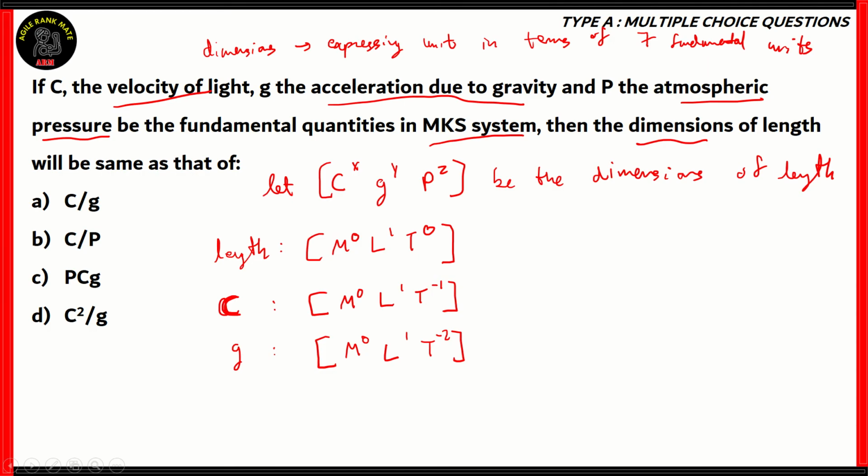So that means L to the power 1, T to the power minus 2. And finally, we have P, which is atmospheric pressure. Now, pressure is force over area, and force is mass times acceleration, that is, mass times distance over time squared.